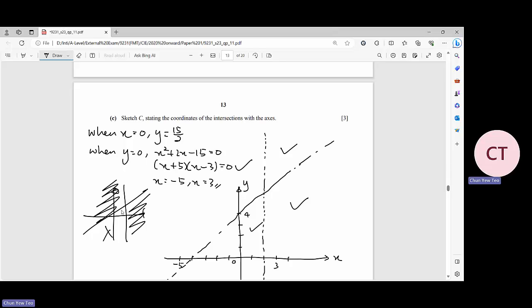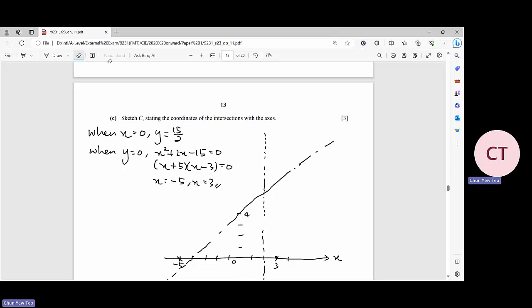These two are not possible, because if your graph is at this portion, you must have a maximum and minimum. Since you do not have a maximum and minimum, your graph can only be at these two sides. So your graph will pass through the point 3, the point -5, and also you have a vertical intercept. This one we need to draw properly.